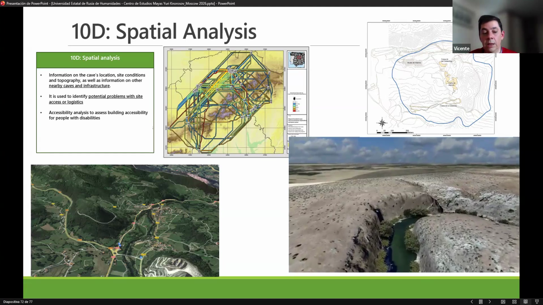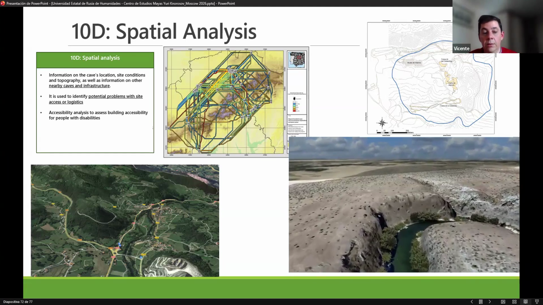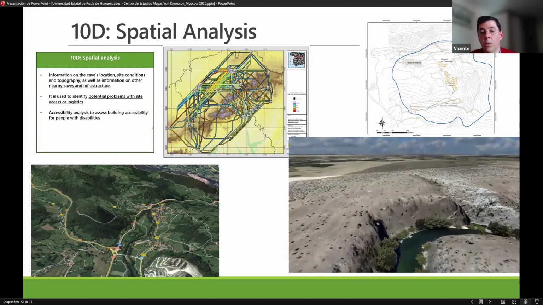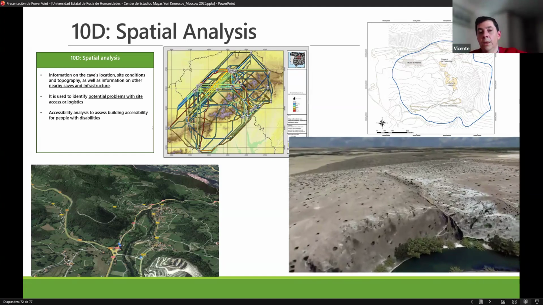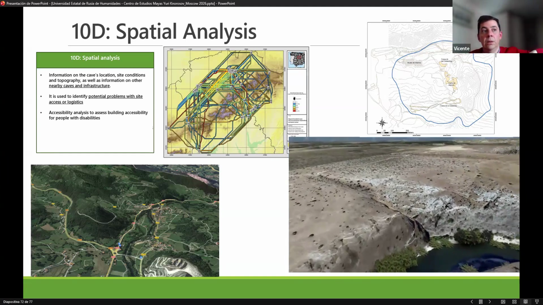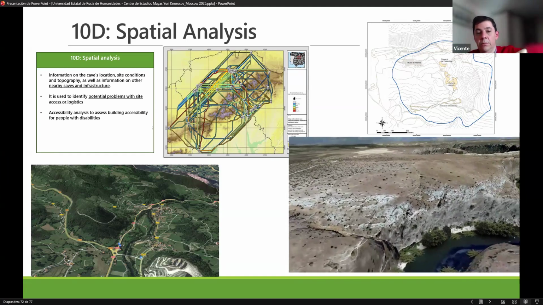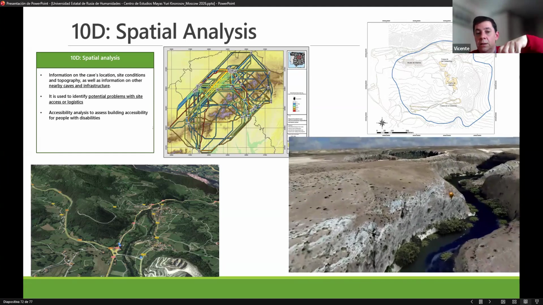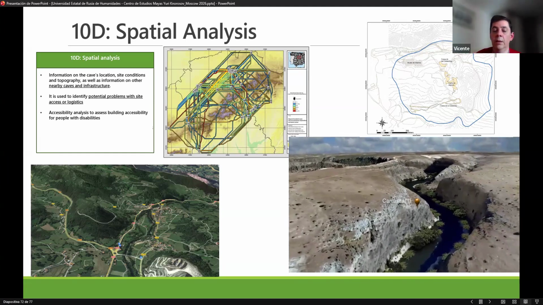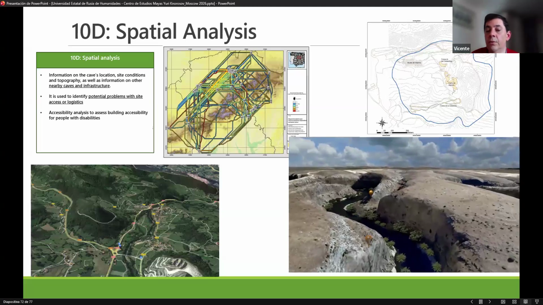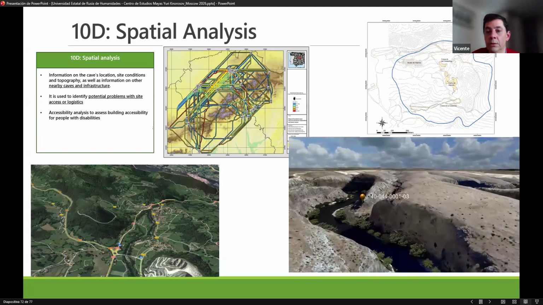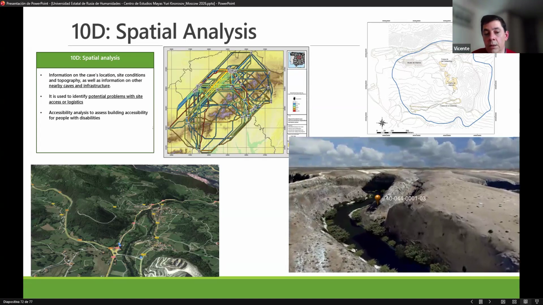So the road was not wide enough for an ambulance to come to the cave. So they had to move the person 500 or 600 meters between the people, just to reach the place where the ambulance was. So this is very important when you have caves open to the public, okay?